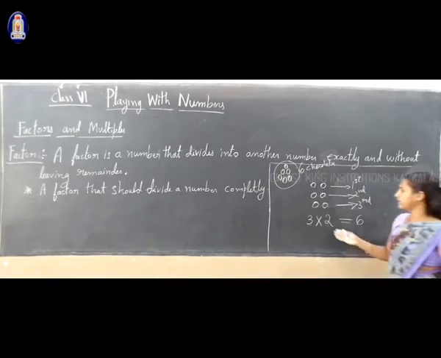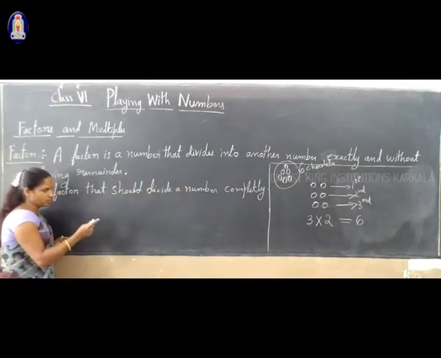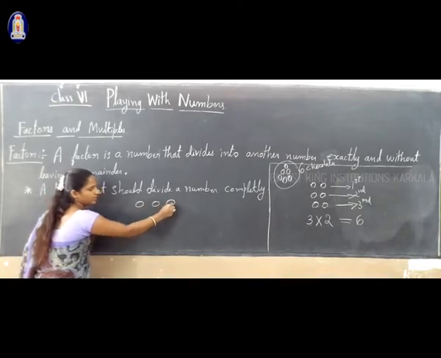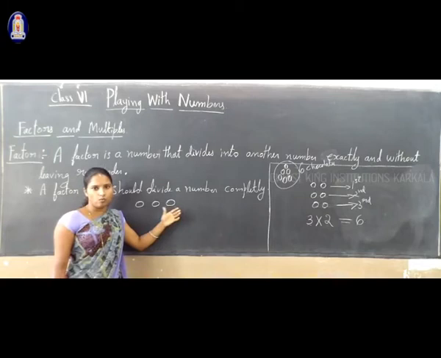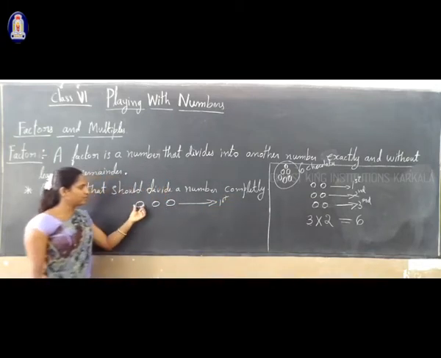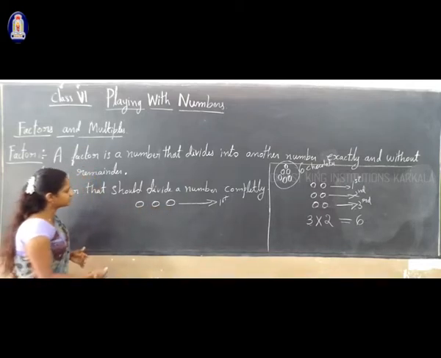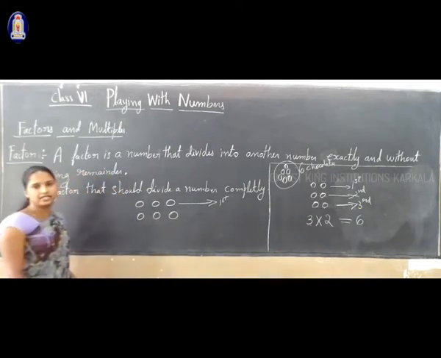So we can arrange our chocolates in another way. For example, if I consider 3 chocolates in each row, in the first row I arrange 3 chocolates. In the next row, we can arrange the remaining 3 chocolates.